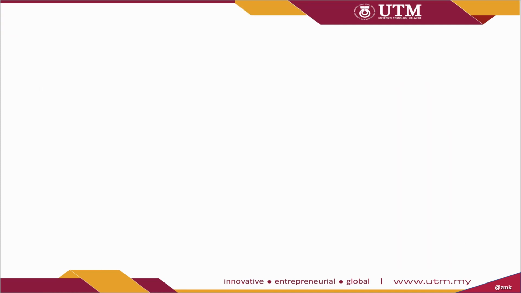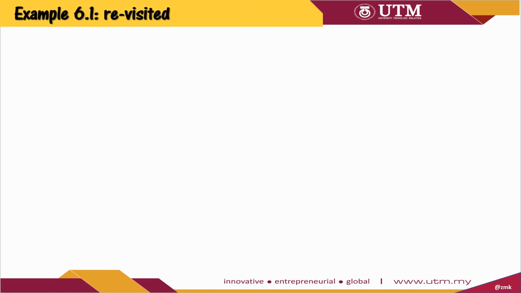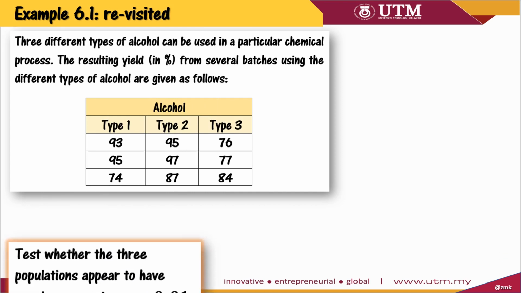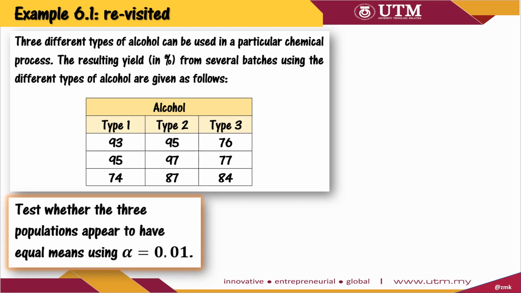Please look again at example 6.1 from the Statistics for Engineers textbook on the use of 3 different types of alcohol in a particular chemical process. The question is to test whether the 3 populations appear to have equal means at the level of significance alpha equal to 0.01. As you can see, we are to test if 3, which is more than 2 population means, are equal or not.